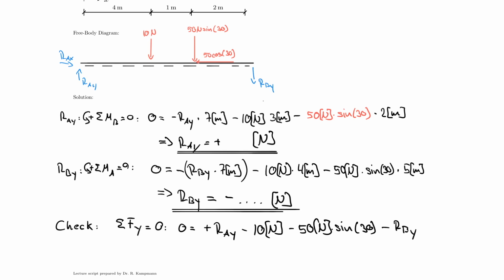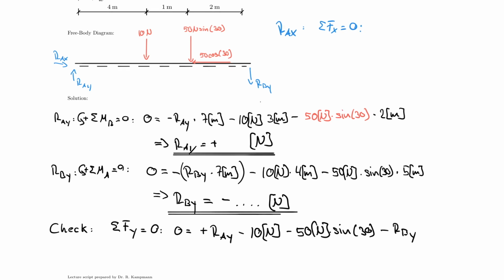Remember, we always need three support reactions, and in fact we need RAX. And so to do that one, I do the sum of the forces in the x direction being equal to 0. And 0 is equal to my assumed RAX, so plus, and I sometimes use a double plus, so plus RAX. And let me explain that to you.